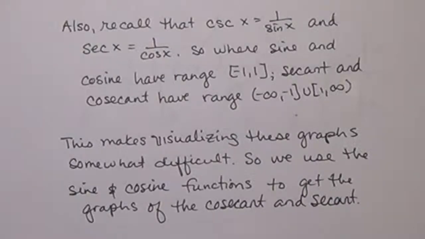This makes visualizing these graphs somewhat difficult. What I mean by this is the fact that there are places it's undefined, the places where these asymptotes are going to be, and now knowing that the range has this huge gap in it, it makes it difficult to visualize these. So what we do is we use the graphs of cosine and sine to actually graph the secant and cosecant.